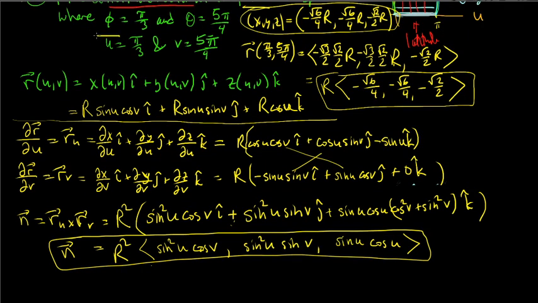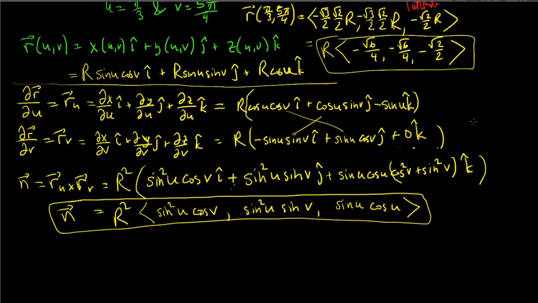Our particular u and v was given as pi over 3, 5 pi over 4, right? So for our normal vector, specifically at the point where u is pi over 3 and v is 5 pi over 4, again, the r squared is just the radius. We can factor that out. So sine of pi over 3 is square root of 3 over 2, but when you square it, you get 3 over 4, times cosine of v.